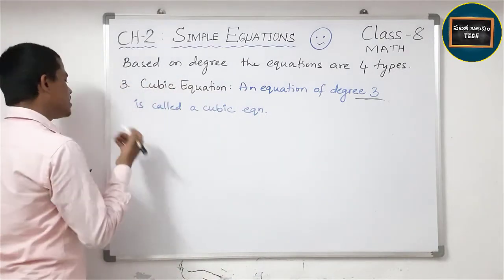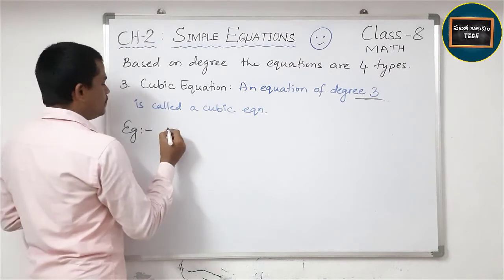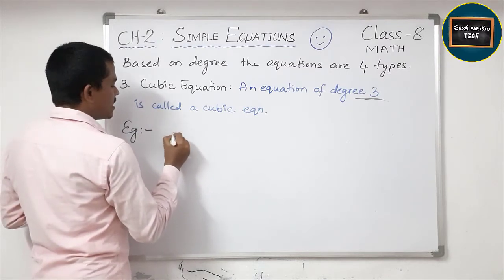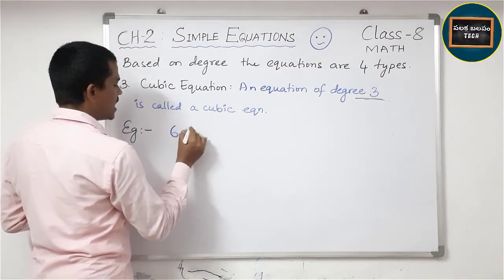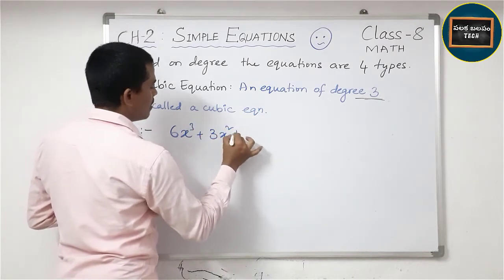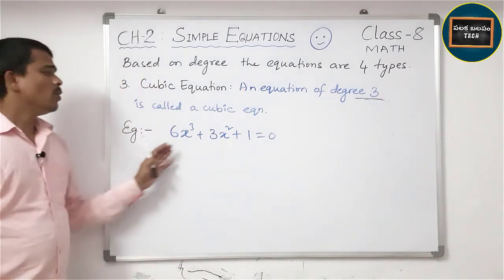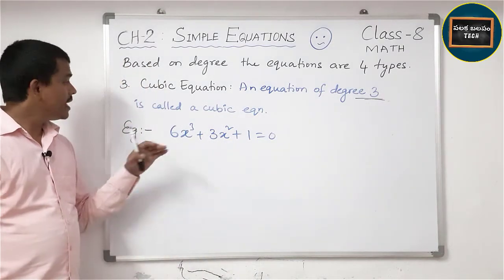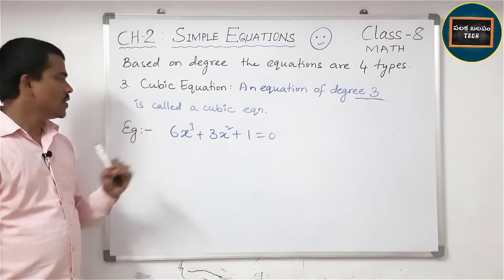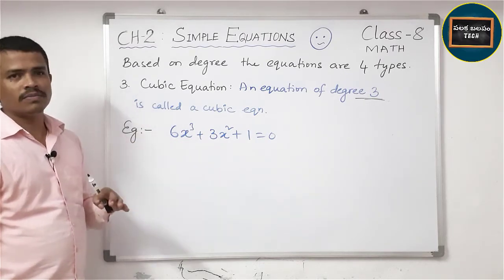Now let us take one example. 6x cube plus 3x square plus 1 equal to 0. What is it? It is an equation. Now check whether it is a cubic equation or not.